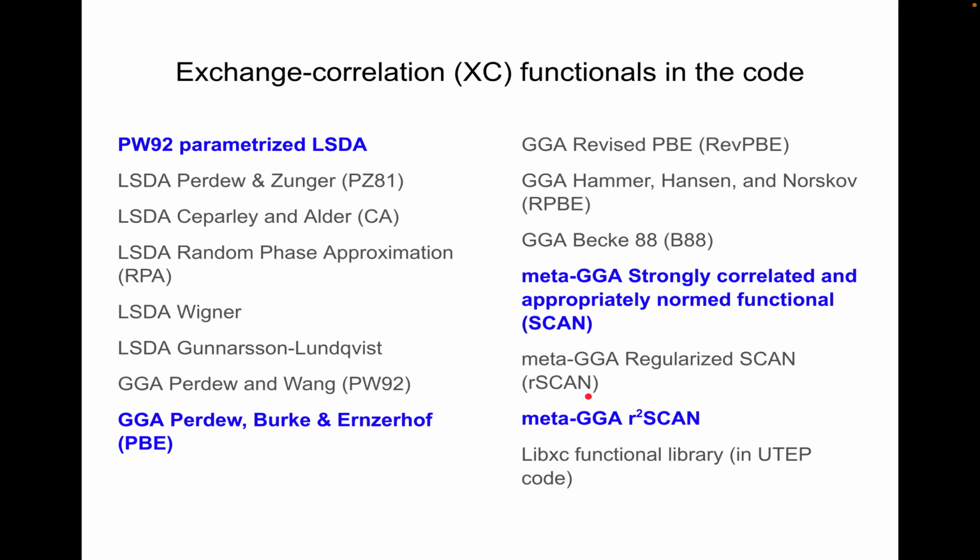Most of the time, the functionals used often with the FLOSIC calculations are highlighted in blue: the PW92 parameterized LSDA functional, the PBE GGA functional, the SCAN meta-GGA functional, or the r2SCAN, the numerically more stable version of the SCAN functional. Those 4 functionals are typically used with the FLOSIC calculation.